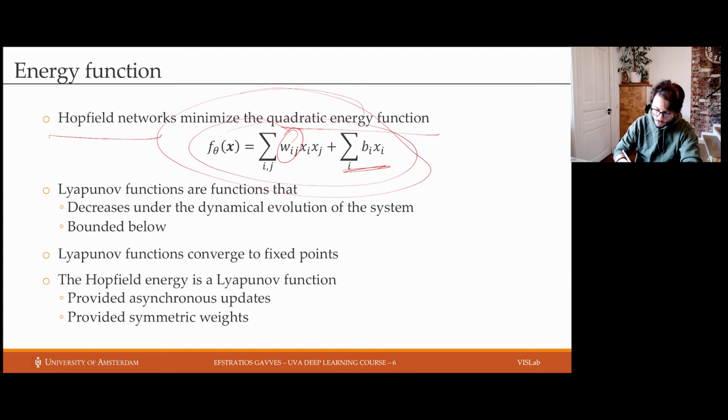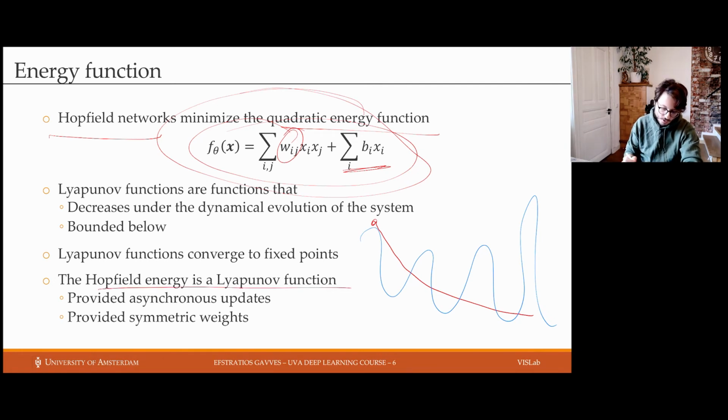Maybe over time, instead of the states converging to a single solution, maybe they start diverging. How can you know that? Well, you know that for Hopfield networks because they are Lyapunov functions, provided asynchronous updates and provided symmetric weights.